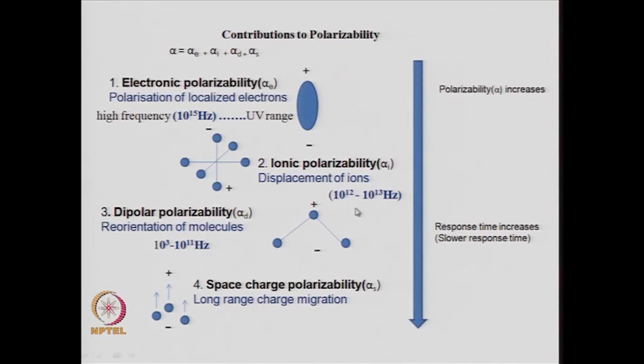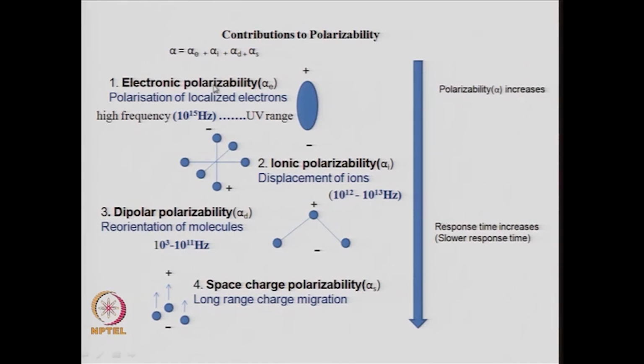So, if you apply an electric field which has a higher frequency than 10 to the power 13 hertz, then these ions cannot change as a function of the varying directions of the electric field, and so they will not be able to contribute if the applied electric field has a frequency of more than 10 to the power 13 hertz.